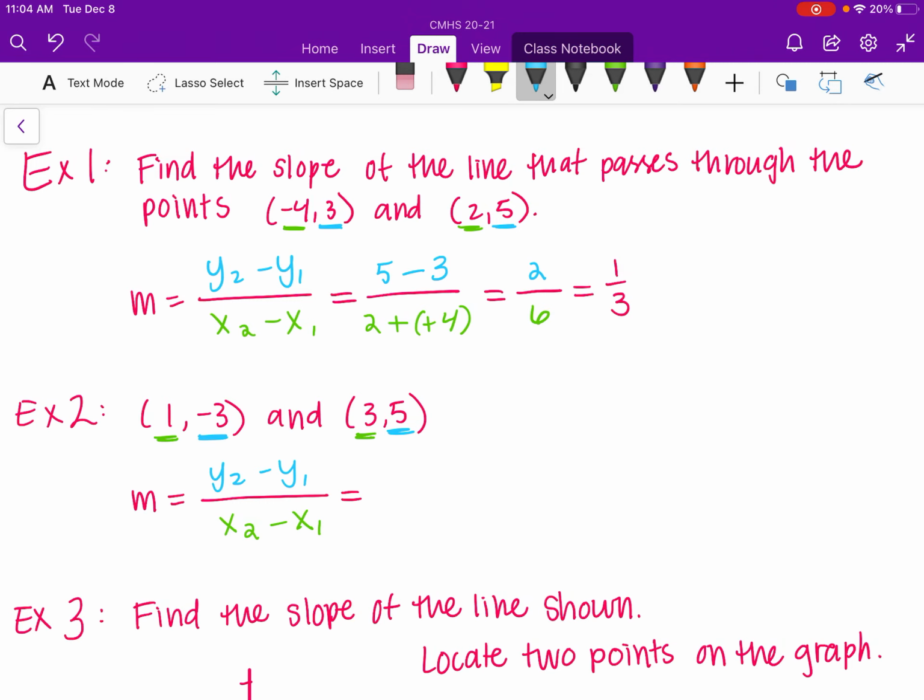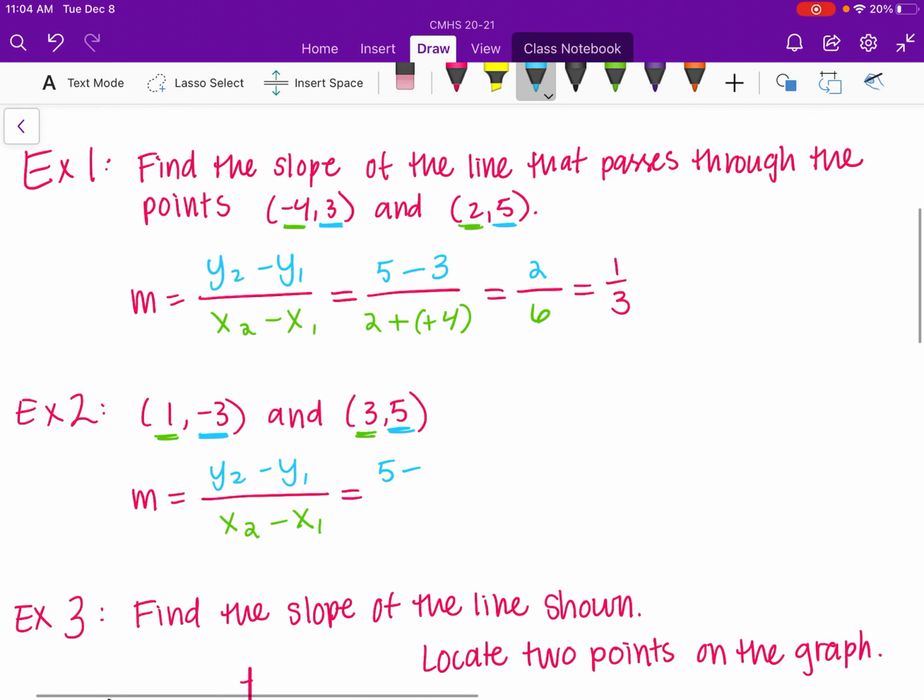Okay, let's plug them in. The y's go first. The second y is 5 minus the first y is negative 3, over, for the green, the second x is 3 minus the first x is 1.